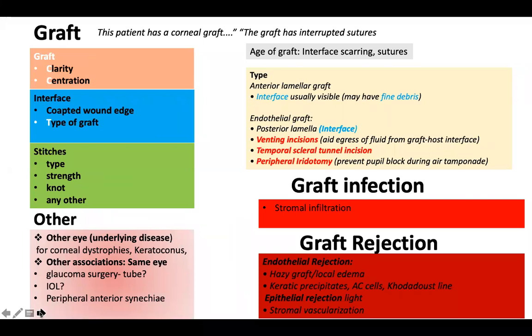And in the endothelial graft, we can see the venting incisions, the temporal scleral tunnel incision and the peripheral iridotomy. Other possible presentations: graft with infection or graft rejection, epithelial, endothelial or stromal.